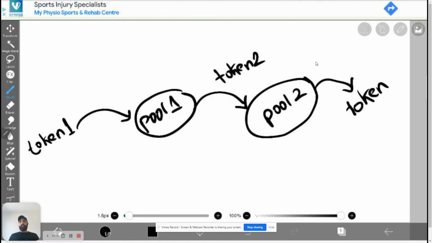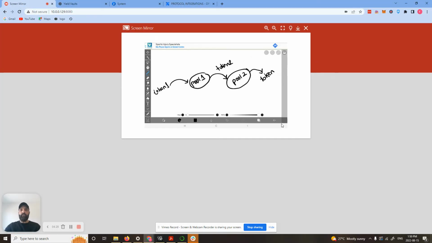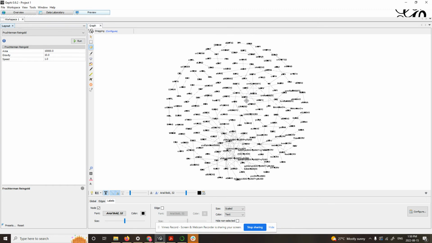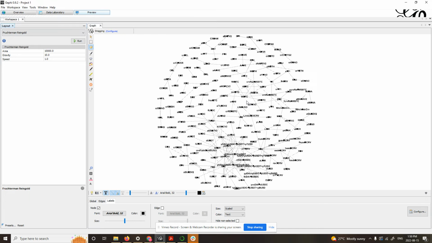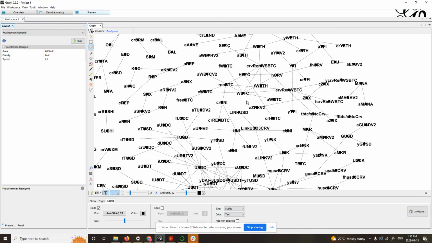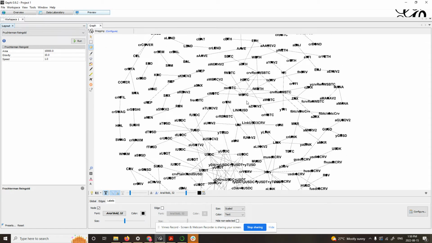What happens when you do this across DeFi is you get a graph. That's what we call a graph of strategies. Essentially, it looks like this. This is a subset of the pools we currently have integrated into the OptyFi protocol. Each node represents a token or a pool, and the starting node is a token.